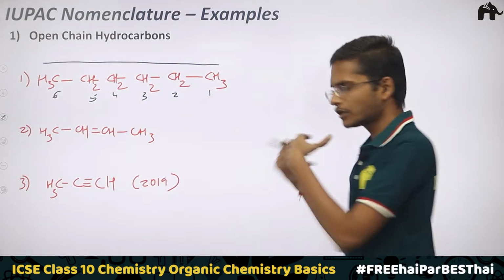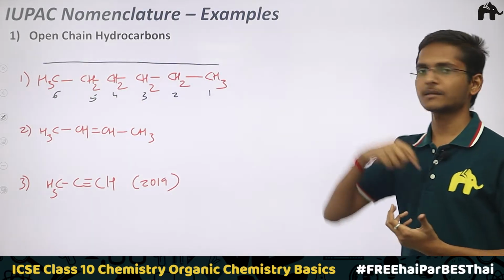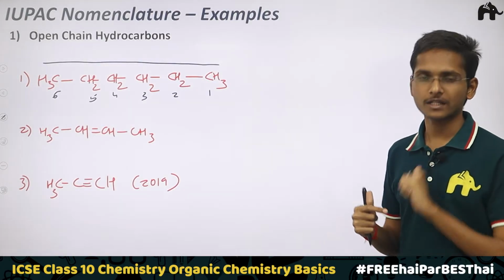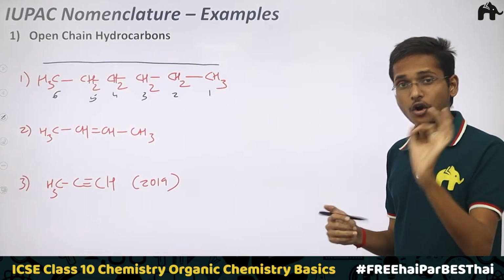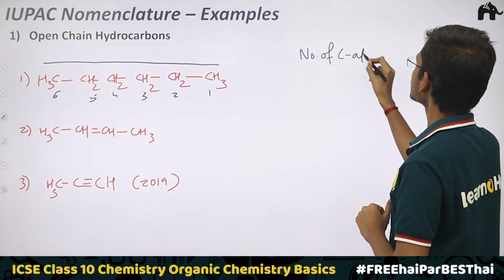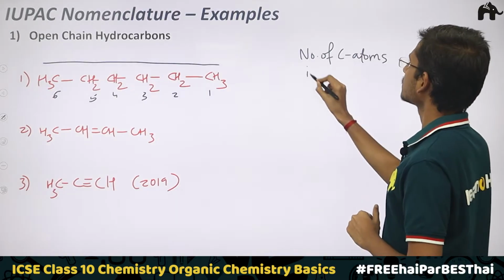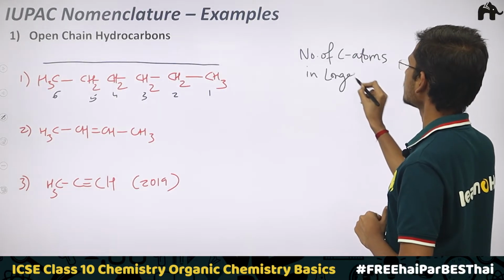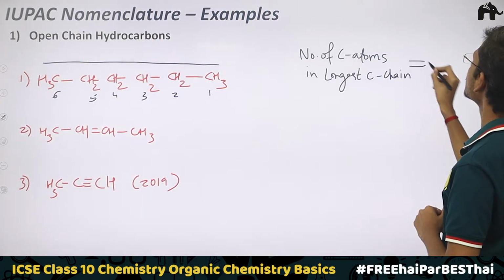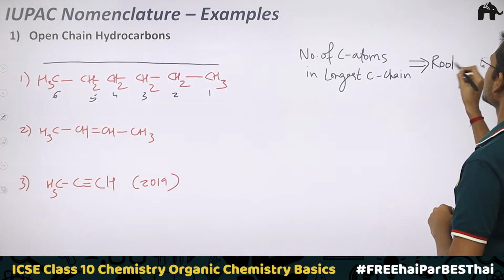What we come to know when we number the carbon atoms is how many carbon atoms are there in our longest carbon chain, and the number of carbon atoms in the longest carbon chain will tell us the root word of our organic compound.